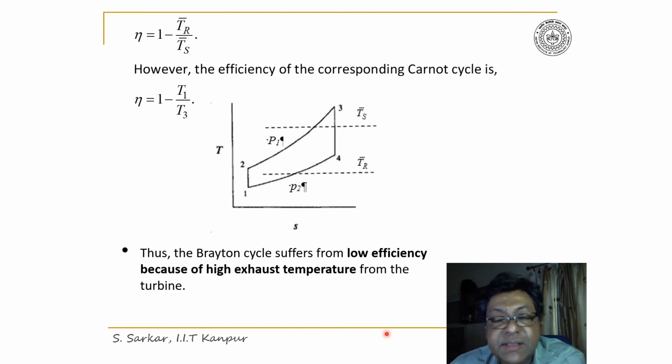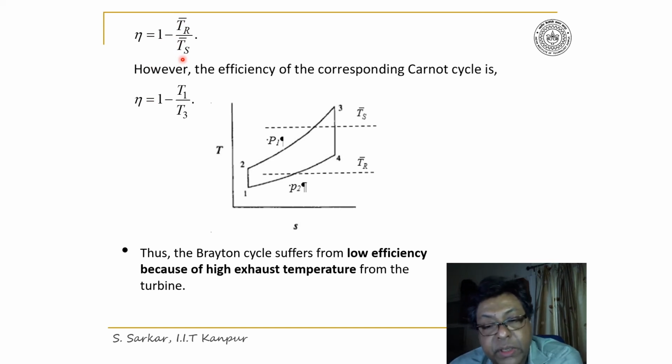Thus, I have considered T bar S as some sort of average temperature of heat addition. And similarly, T bar R is some sort of average temperature of heat rejection. Thus, the efficiency of the Brayton cycle can be expressed in terms of T bar S and T bar R. So eta is equal to 1 minus T bar R divided by T bar S.